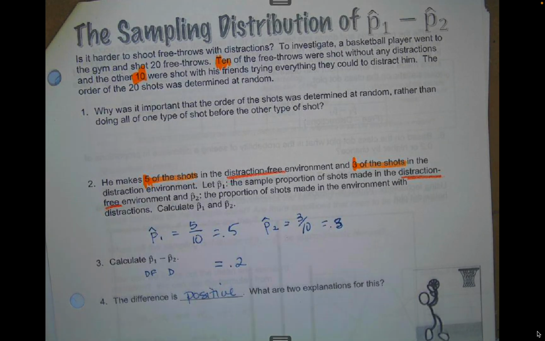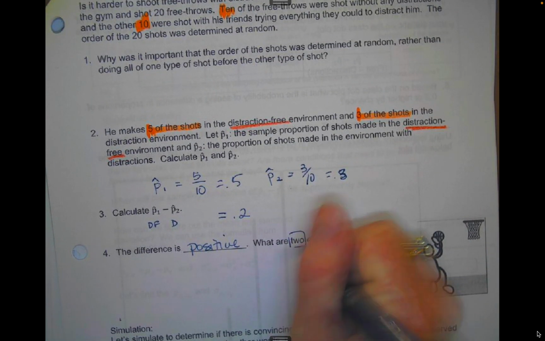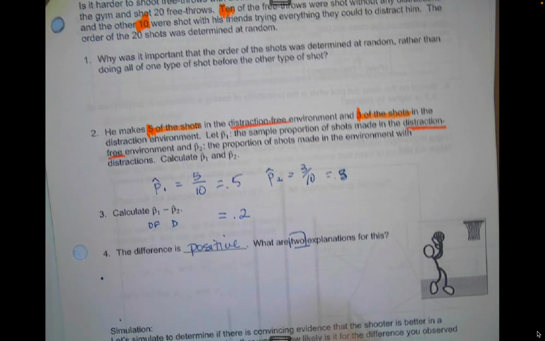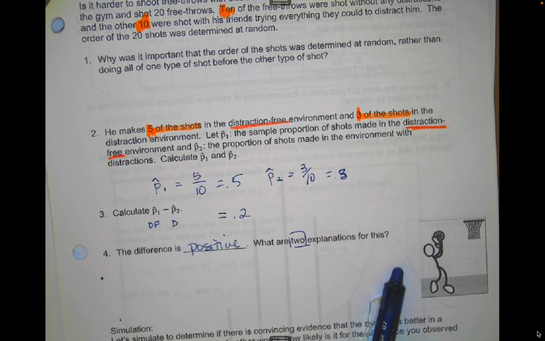All right, I've asked this kind of question before. So there's two explanations for why it looks like the distraction free is higher. What's one of the explanations? It actually impacted the outcomes.